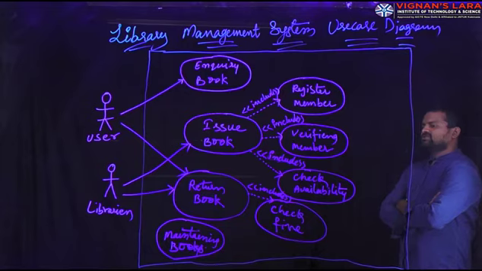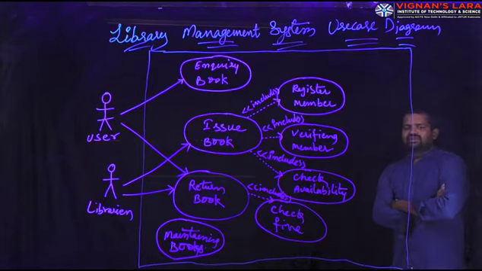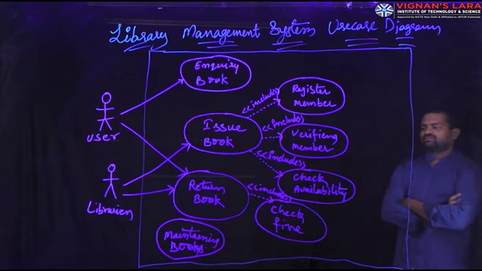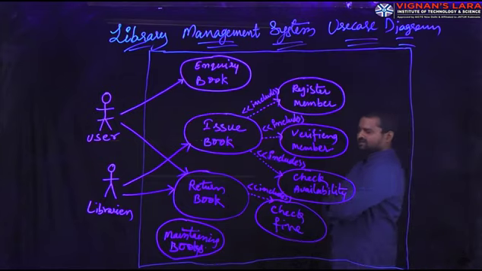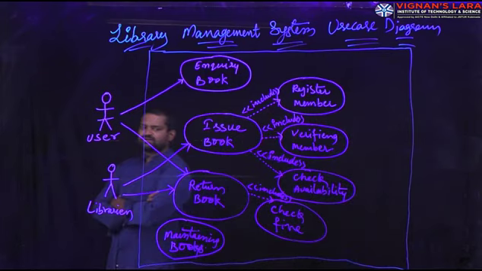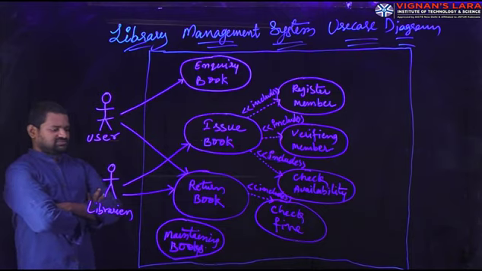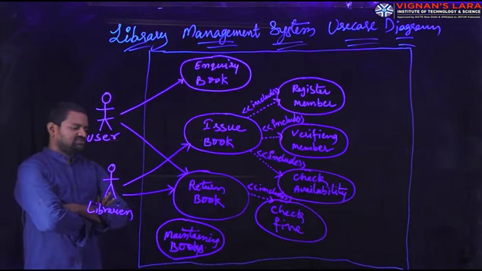And also while issuing a book, he can check availability of the book, whether it is a reference book or a normal book. So that is all the information available to get a book from the library. This is the simple library management system use case diagram.